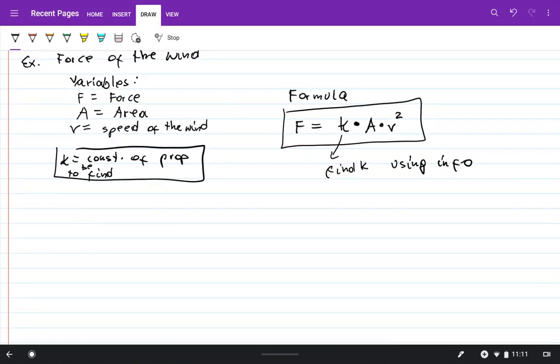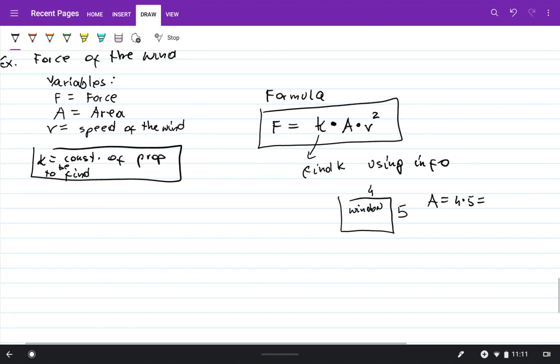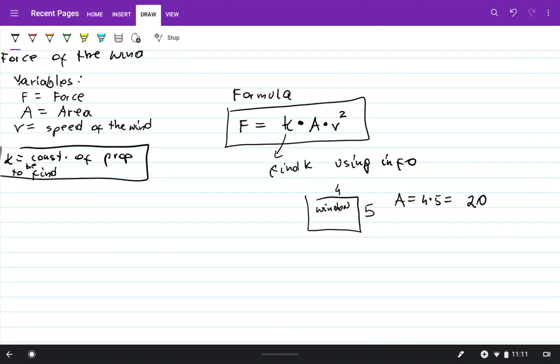So which info am I going to use? I know that the window was 4 by 5. Okay. So I can quickly figure out the area of the window by multiplying 4 times 5, which is 20. Okay.